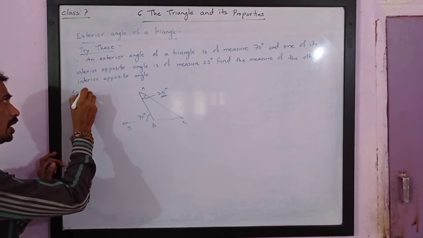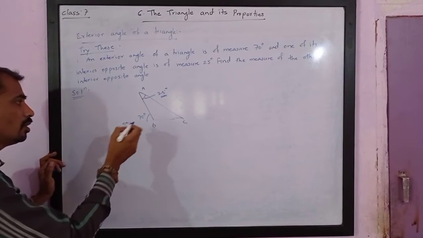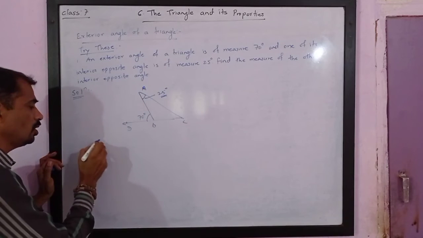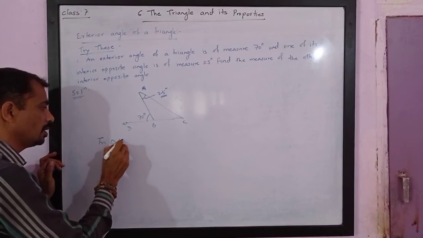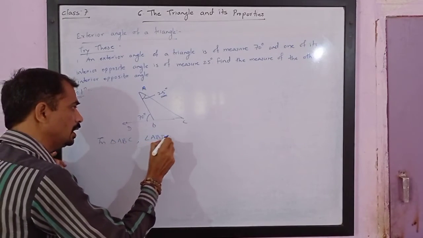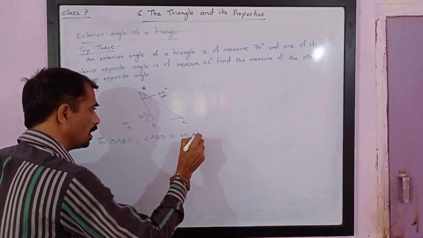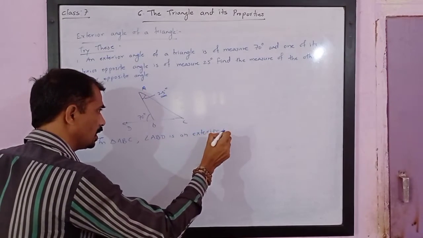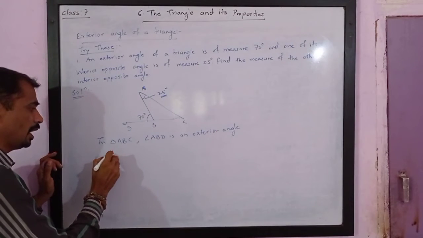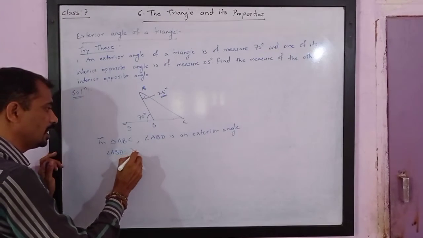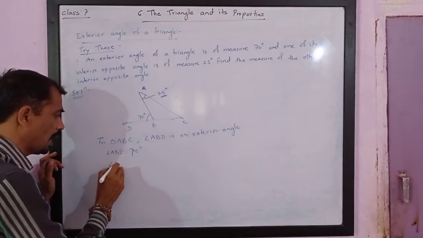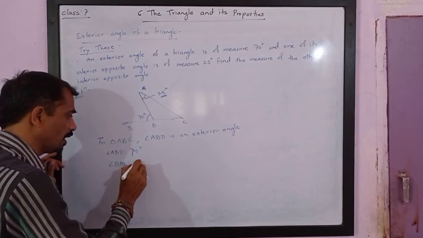So, in triangle ABC, we have named the figure. Angle ABD is an exterior angle, and angle ABD is equal to 70 degrees and angle BAC is equal to 25 degrees.